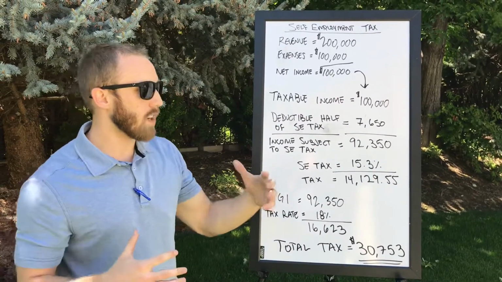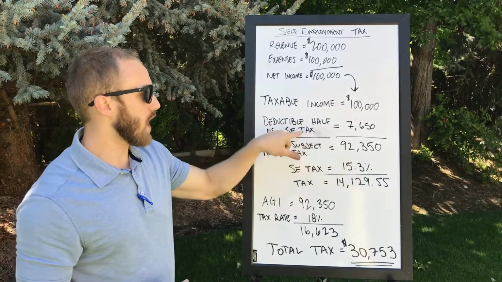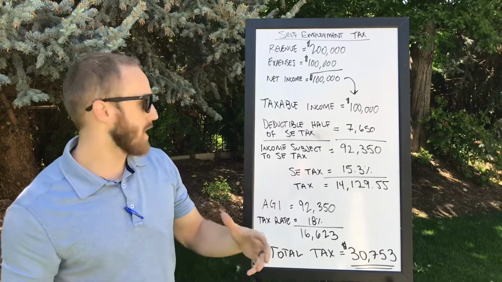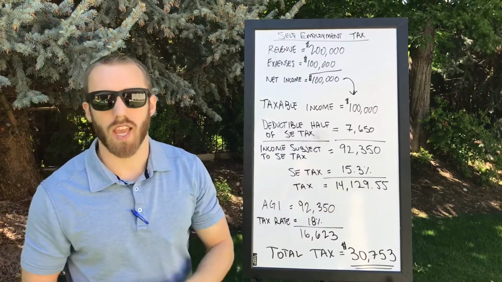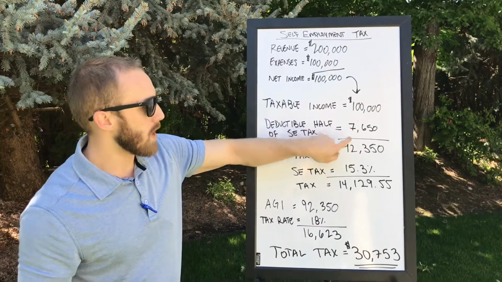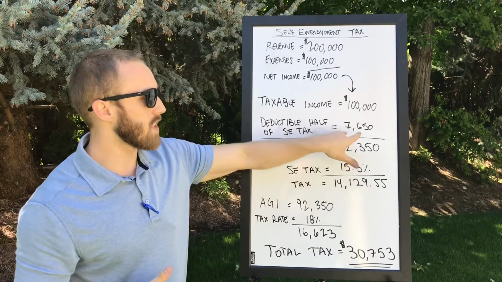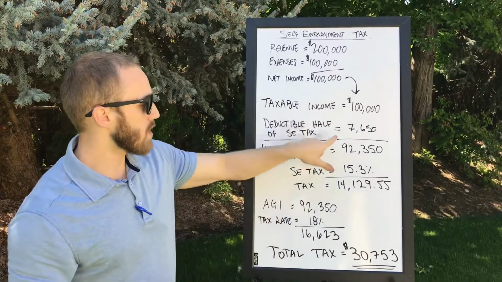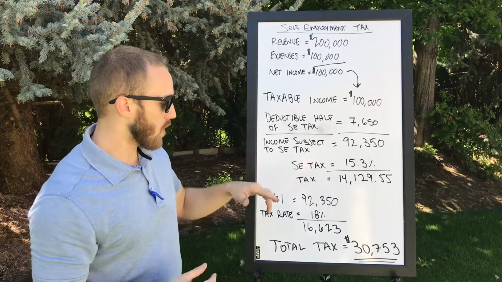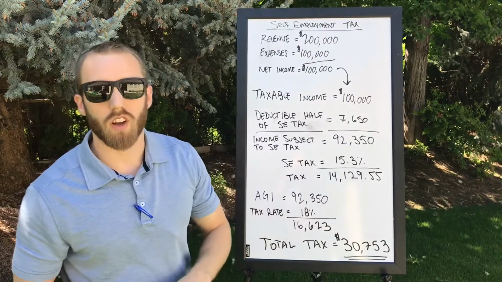And so to calculate the self-employment tax, first we get a deduction for half of the self-employment tax, or 7.65%. So we get to reduce this $100,000 by just about $7,650, which brings our total income that's subject to self-employment tax, or our adjusted gross income, to $92,350.